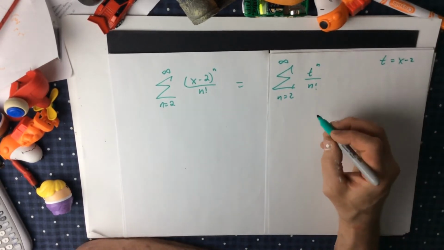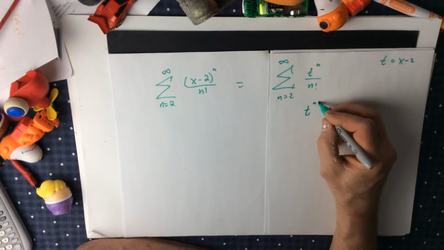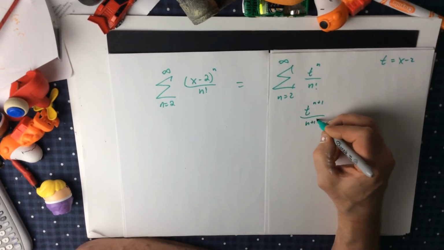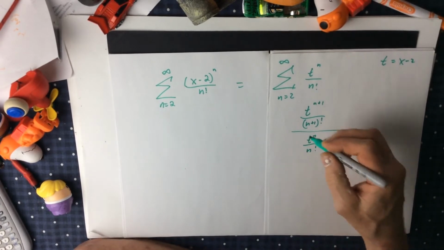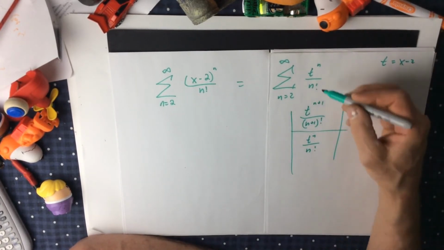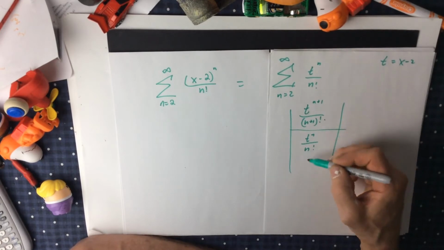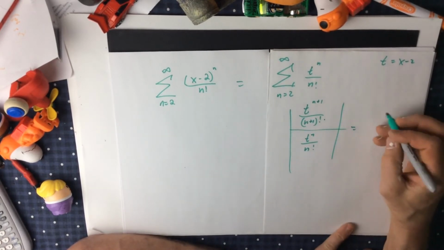I'm going to apply the ratio test on this. I'm going to take t to the n plus 1 over n plus 1 factorial divided by t to the n over n factorial, absolute value. There's the n plus 1 term divided by the n term. Invert and multiply.